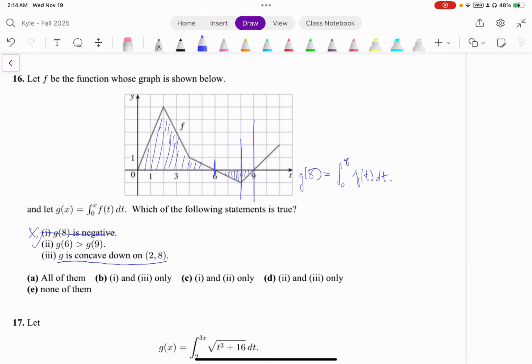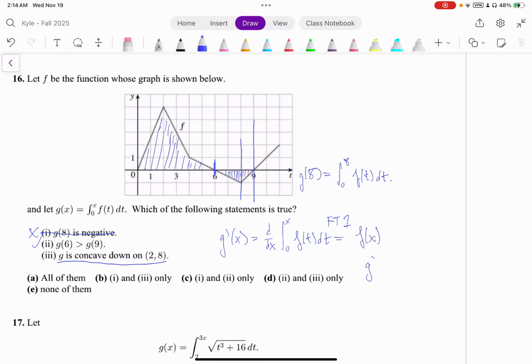G is concave down on 2 to 8. So in order to find the concavity of g, we need to check the second derivative. So g prime of x, we'll find the first derivative. That's the derivative of the integral from 0 to x of f of t dt. By the fundamental theorem number 1, this is just f of x.